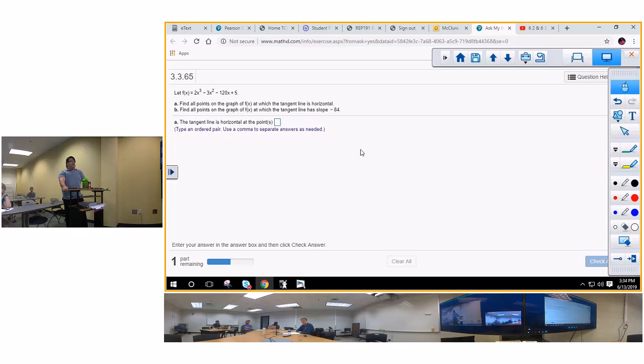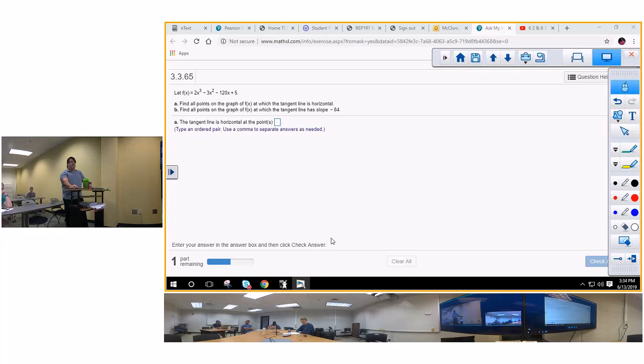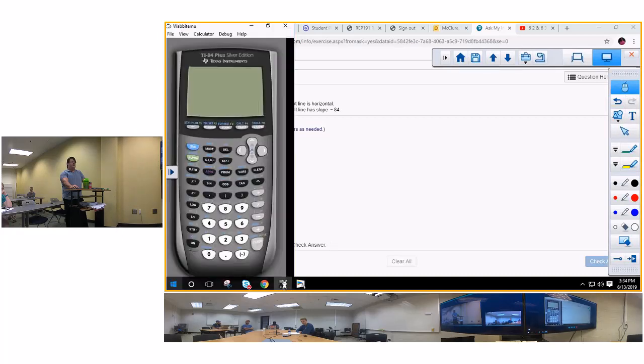Now, this is 3.3. Does that mean calculus or algebra? Calculus. So you're going to use your power rule on each term, and you're going to get a quadratic. And then we'll take it from there. But go ahead and graph it. I've already graphed it on my handy-dandy calculator. There's what it looks like.